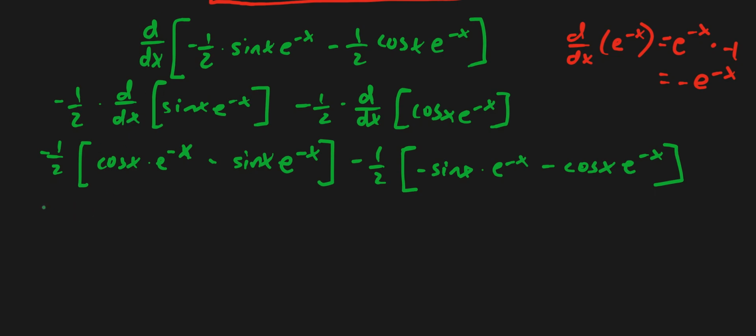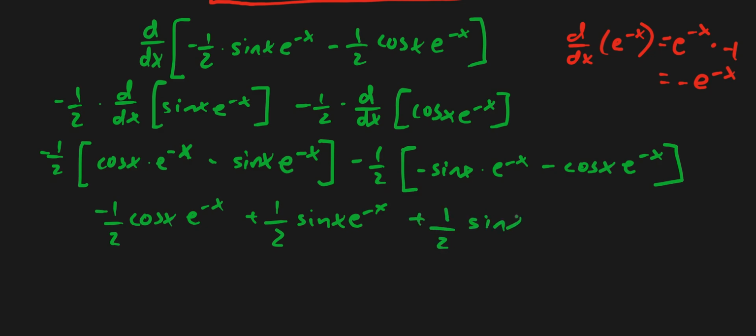So we can finish this up by expanding. So it's just negative 1/2 cosine x times e to the negative x plus 1/2 times sine x times e to the negative x plus 1/2 times sine x e to the negative x plus 1/2 times cosine x e to the negative x.